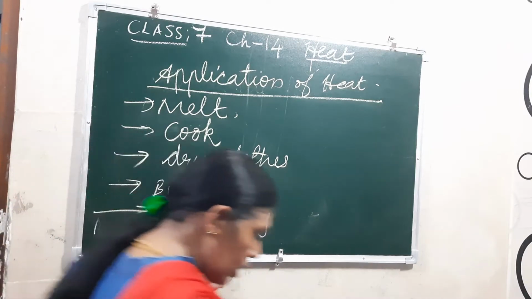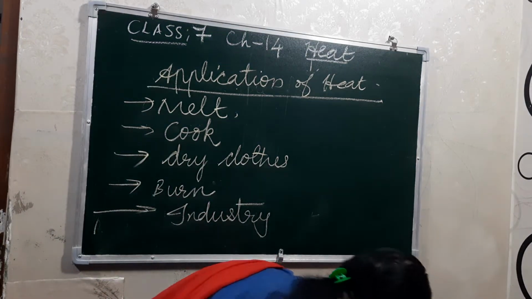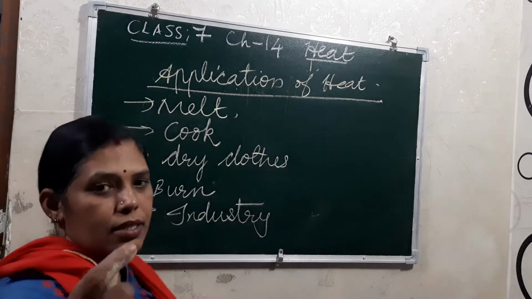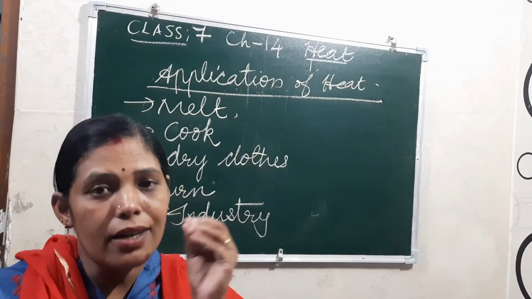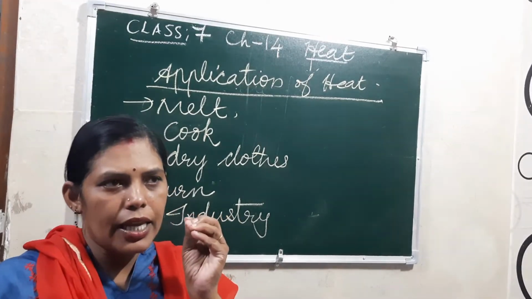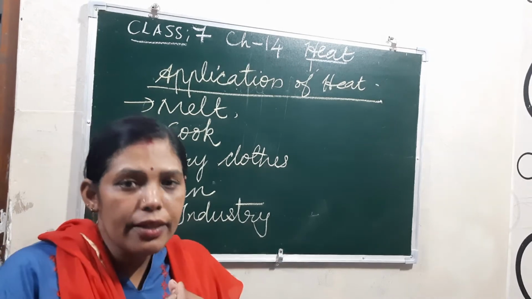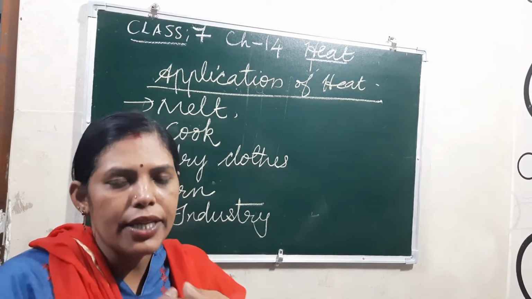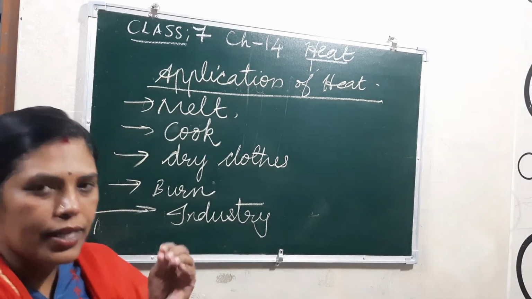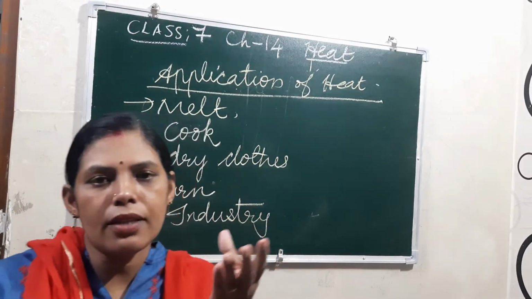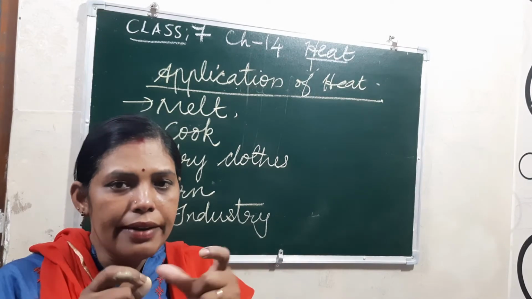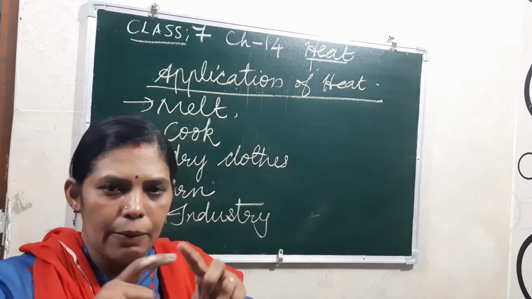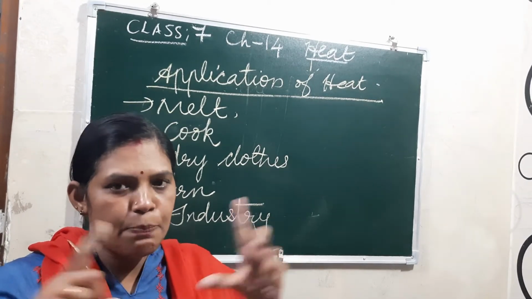And then preparing glass, or joining the metals, from one metal to another metal. For example, the ironsmith used to heat the iron things, and at that time they expand, right?